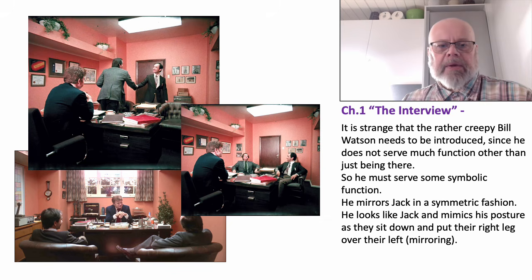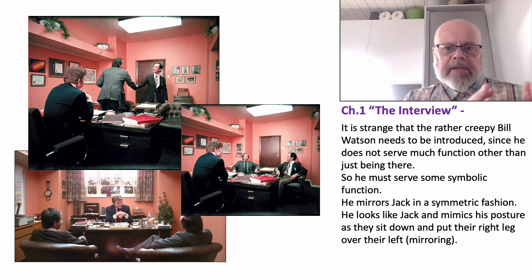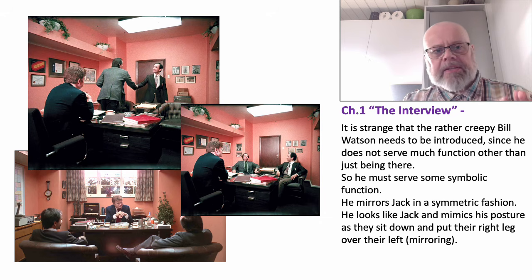So what I'm saying is that Jack is based on the character that is Bill Watson. And Bill Watson might be based on some character that Wendy knows or knew. I think that Bill Watson is supposed to be a placeholder for Wendy's father, right?